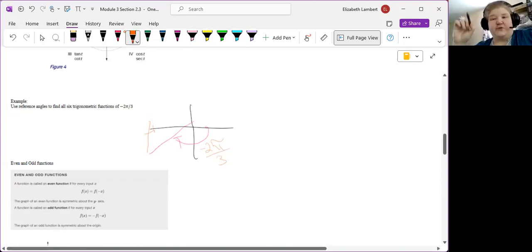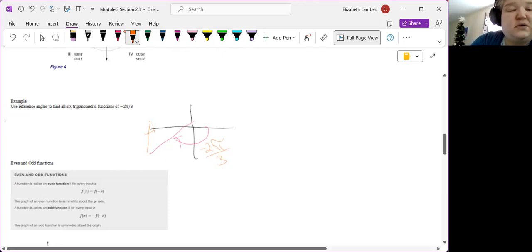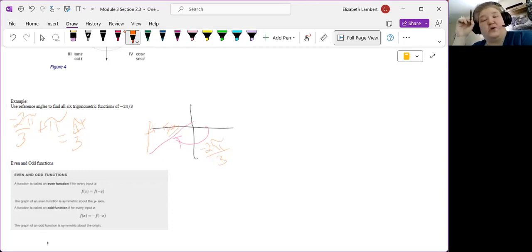So we have negative 2 pi over 3 as that first part, and then we need a little bit more to get to a flat 180 degrees. So we're asking ourselves, the reference angle is negative 2 pi over 3 plus pi, which is 3 pi over 3, so we just get pi over 3. All right, so pi over 3 is that angle with the vertex of the angle on the origin.